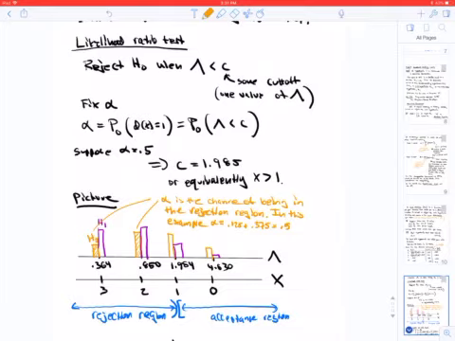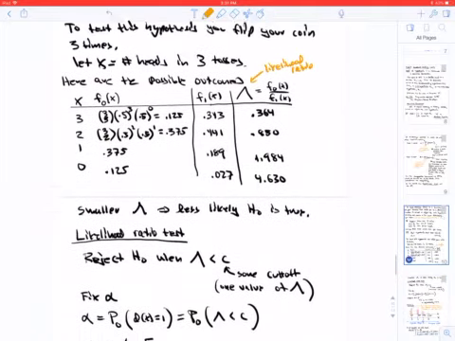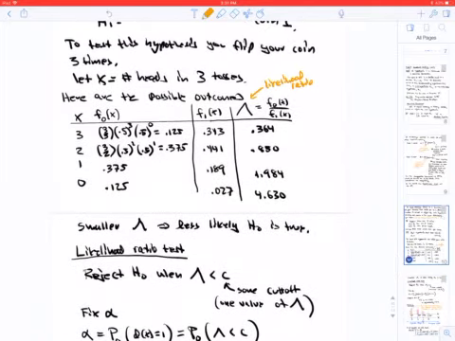And so to find out what that cutoff is, in this case, you would go to the null distribution. The null distribution is the distribution when the null is true, right? So that's F0 in this case. So these are the probabilities that we get 3, 2, 1, or 0 heads.